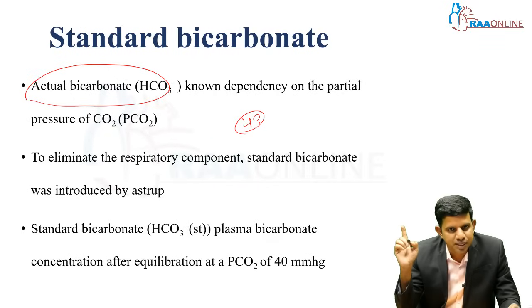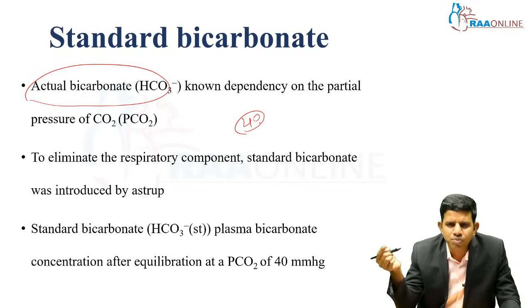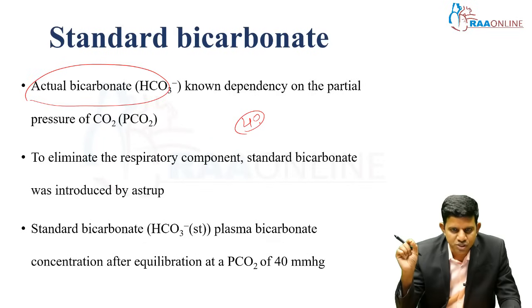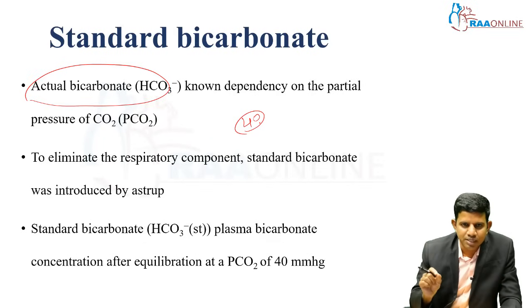There are two possibilities. How do I know whether this bicarbonate level is high because of CO2 retention, or because of a pure metabolic alkalosis? They said the actual bicarbonate should be corrected with the PCO2 and the temperature, to eliminate the respiratory component, as proposed by Astrup.